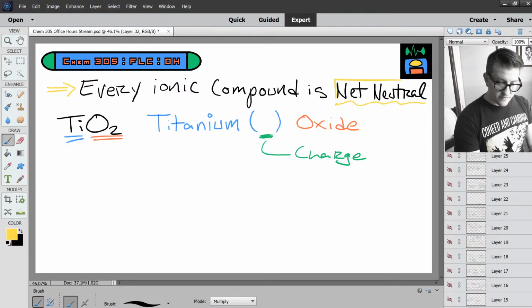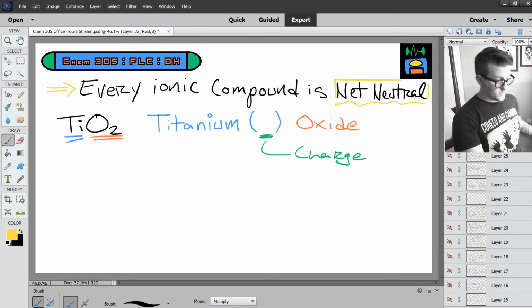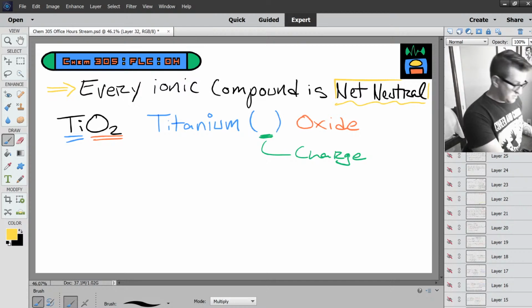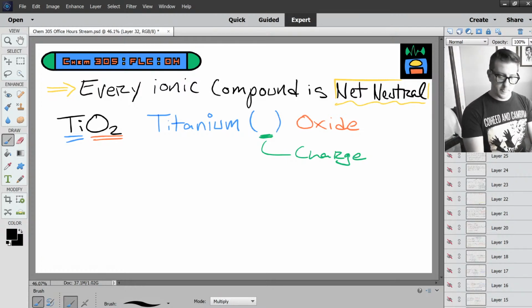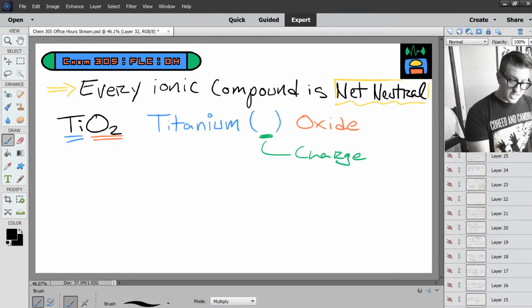We're going to use the fact that we know that this compound is net neutral to determine the charge on titanium. Jen, I have a question for you. Well, actually, before I ask it, I'm gonna write this out. All right. So here's the deal. Here's where the net neutral thing comes in.